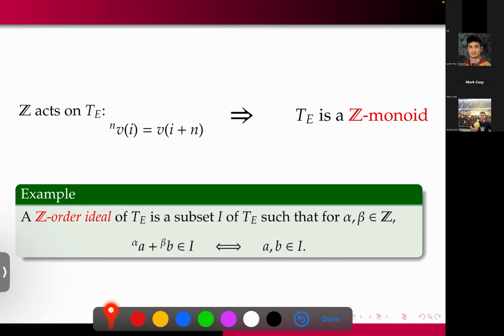And you do it in an equivalent way, which means that if A and B are inside I, then I have this. But we don't stop there. We also do it another way. If I have this summation, then A and B should also be inside the Z-order ideal I.